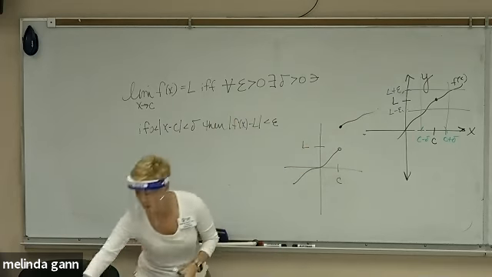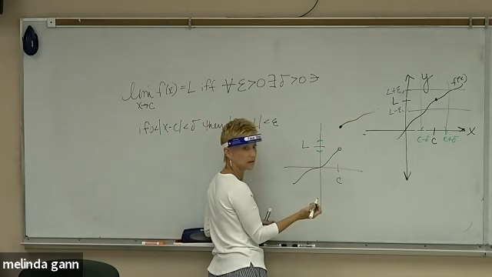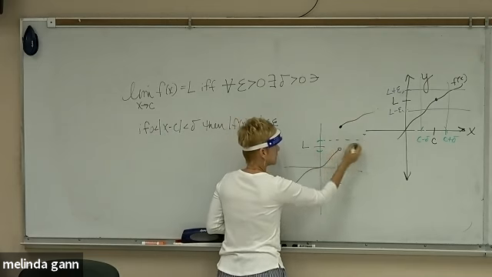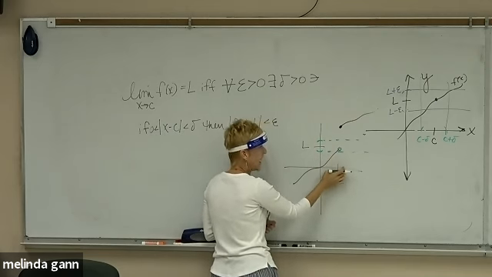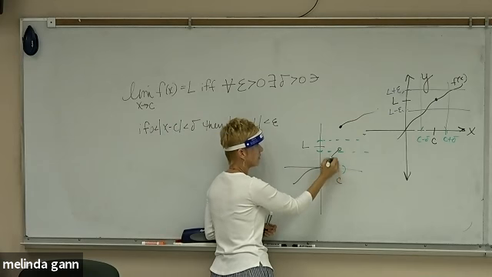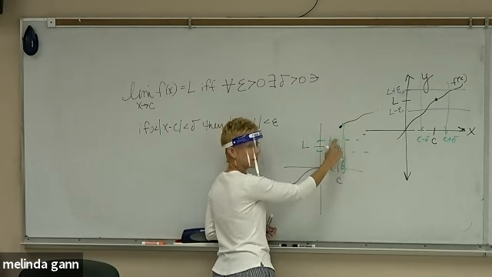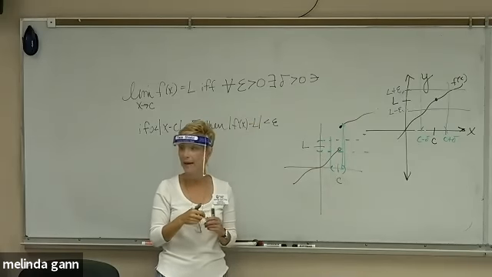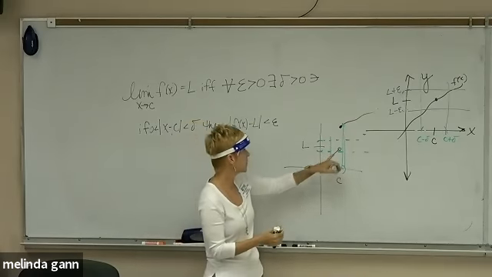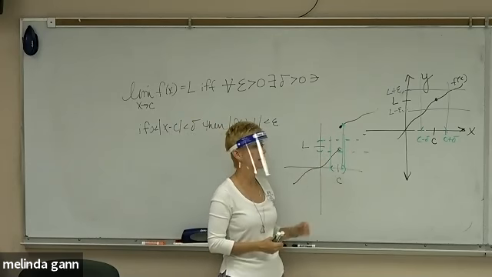And the reason is, when I tell you that you got to stay this close, I can't find an interval here that's going to do that. Because if I try to do the interval here, the graph is way up here. It's not in my box. Is everybody with me? I can't make a box so that the y value stays in it at this jump. So that's why that limit's not going to exist.